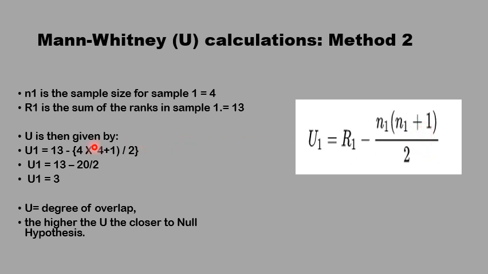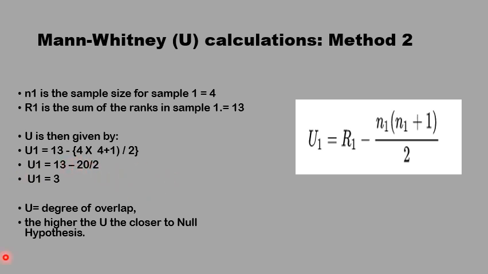So this is the equation here: 13 was the sum of the ranks, minus 4 times 5 divided by 2, which is 10. So the final result, the U, is again the 3 that we obtained by the first method.